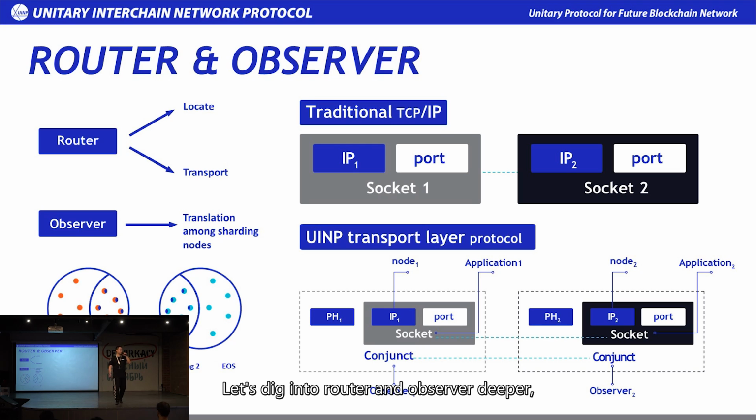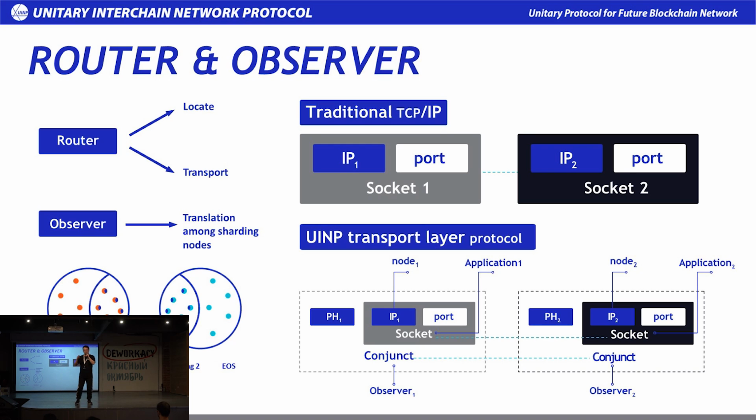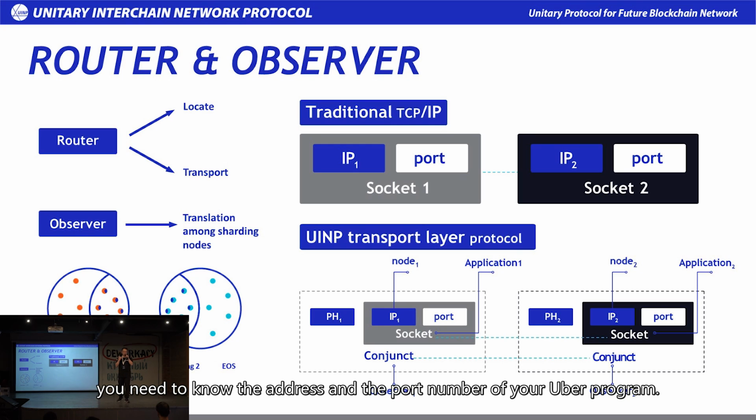Let's dig into the router and observer deeper. As we all know, in a traditional TCP/IP protocol stack, if you want to find a program on a certain device, for example, if you want to find Uber on your mobile phone, you need to know the address and the port number of your Uber program.